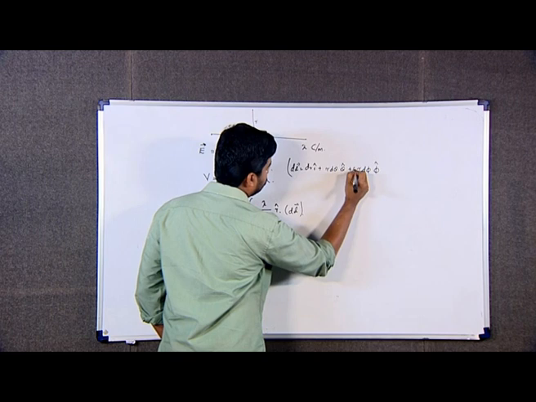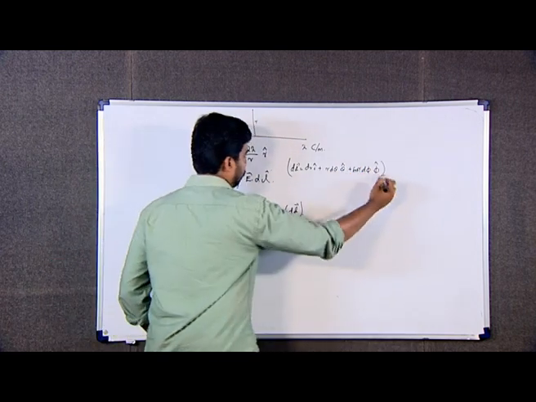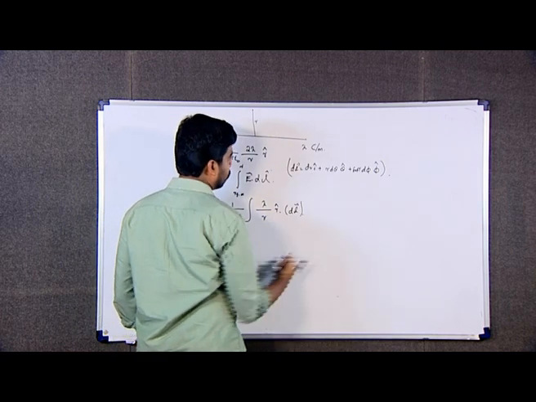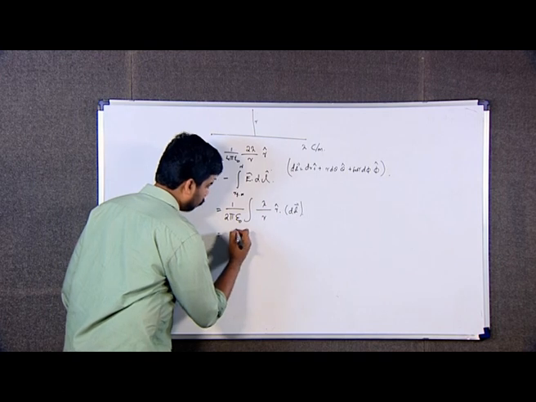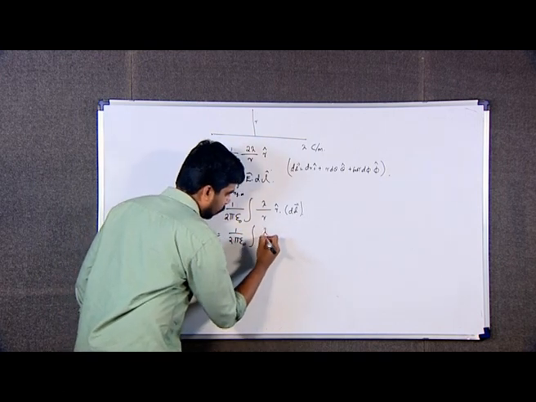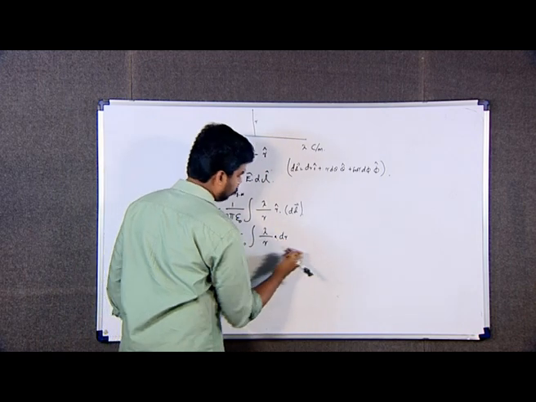In this case also only the first term will survive, all other terms will go, which is equal to 1 by 2 epsilon 0 into integral lambda by r into dr.